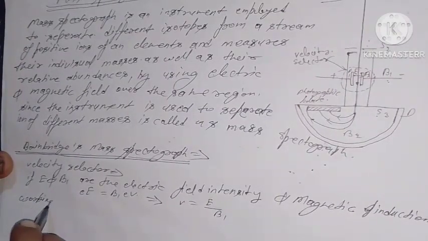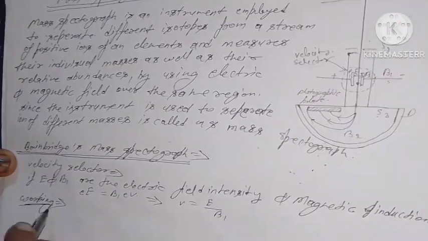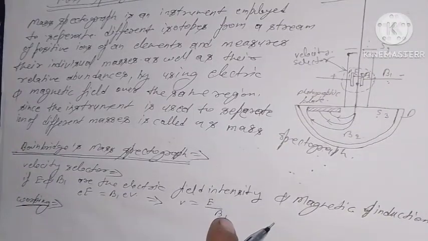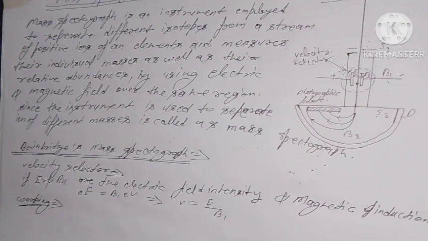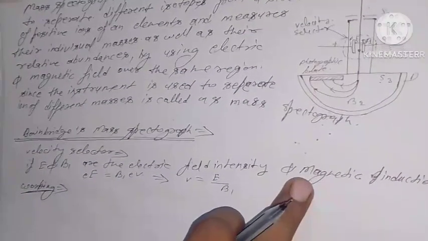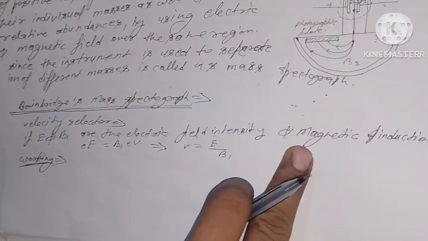Neon has two isotopes, 10Ne20 and 10Ne22.